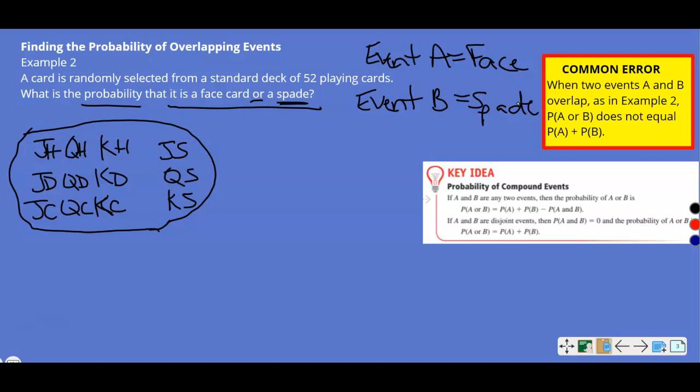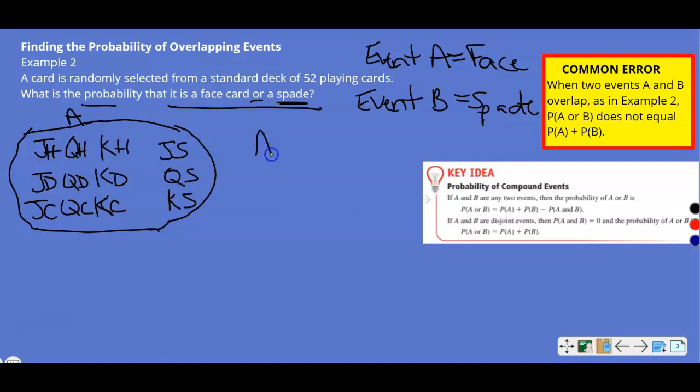All right, so this is event A. Kind of hard to read that there. I'm going to write that again. There's A. And then we're going to look at all the cards that could be spades. So you know any card from 1 to 10 can be a spade, but we don't start with 1. We start with an ace.